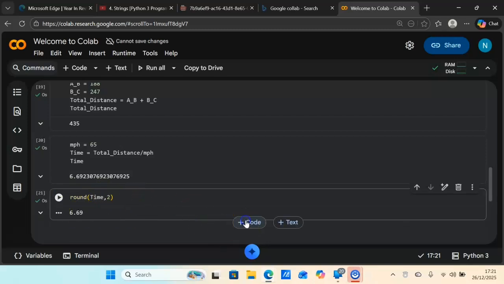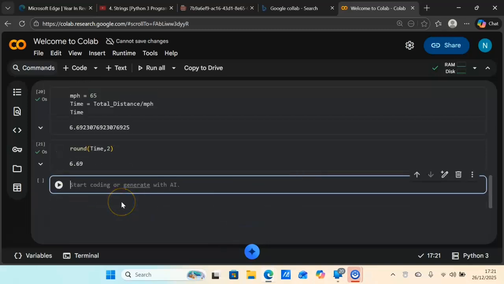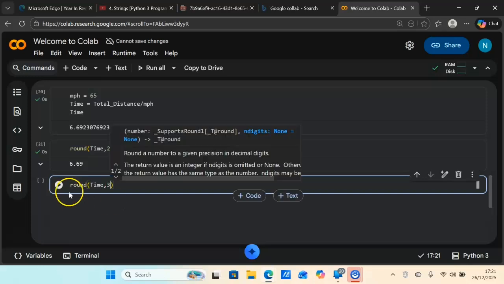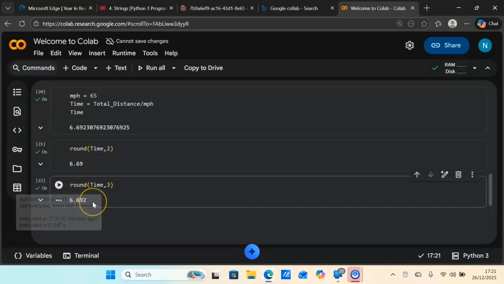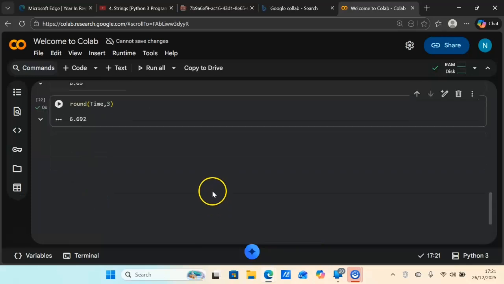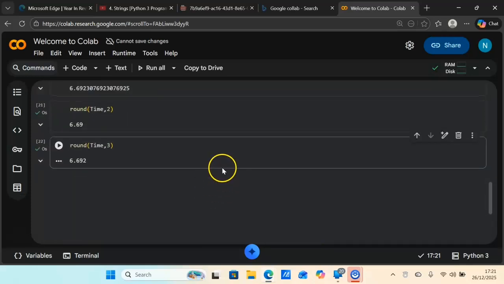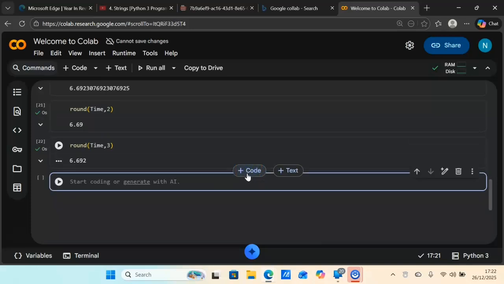Let's say you want to round it to 3 decimal places, so we have round open bracket, Time, 3. When you solve this, you have 6.92 as your answer.